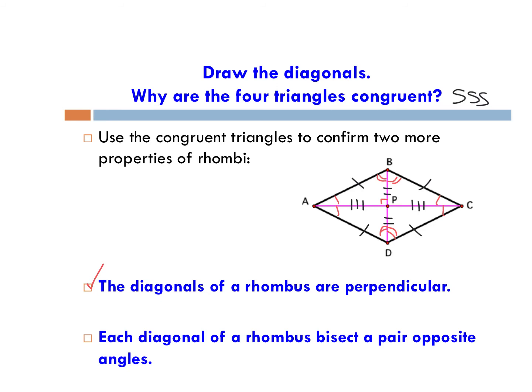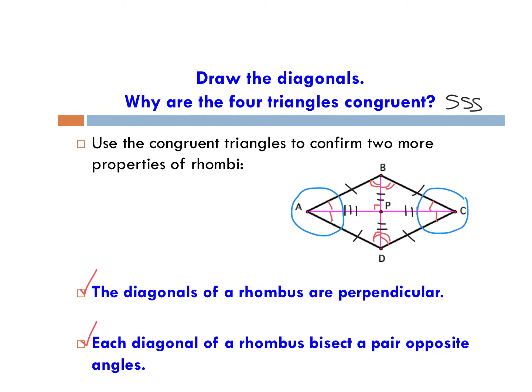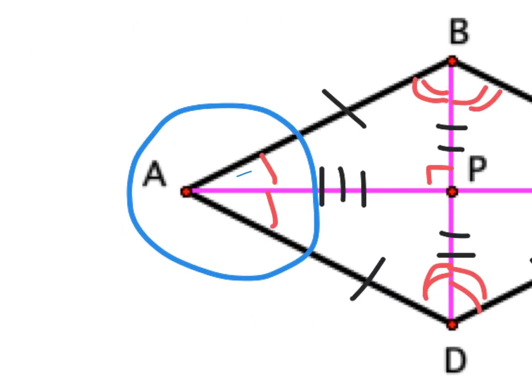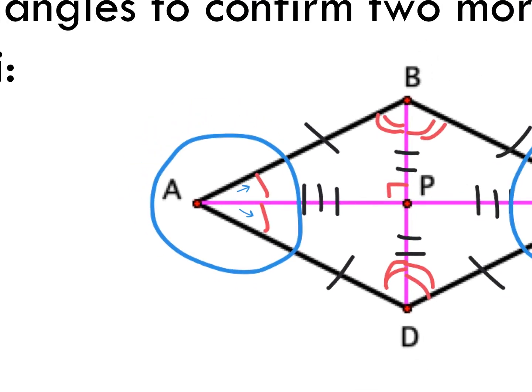The diagonals of a rhombus are perpendicular, and then this one, each diagonal bisects an opposite pair of angles. So remember, because this is a parallelogram, angle A was congruent to angle C. That was always going to be true. This angle is congruent to this one. So now because the top piece of it, meaning like right here, and the bottom piece of it are congruent, that means that diagonal bisected that angle.